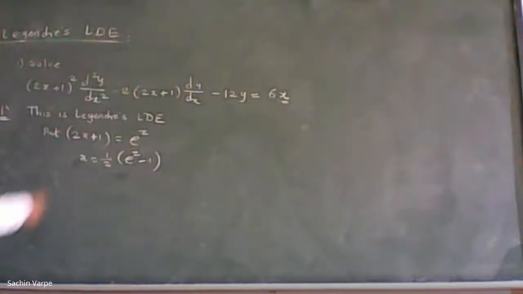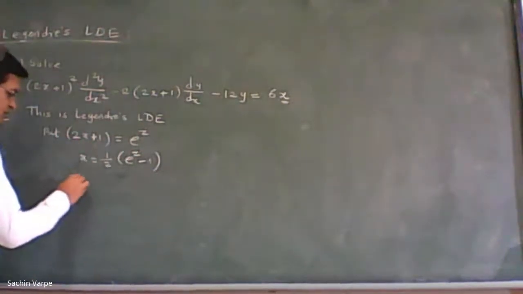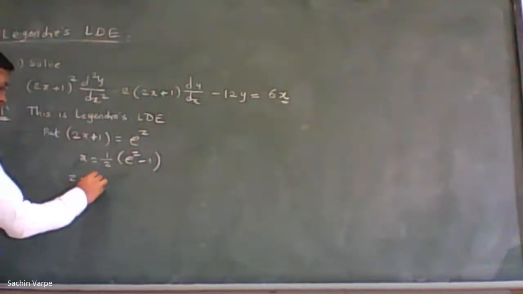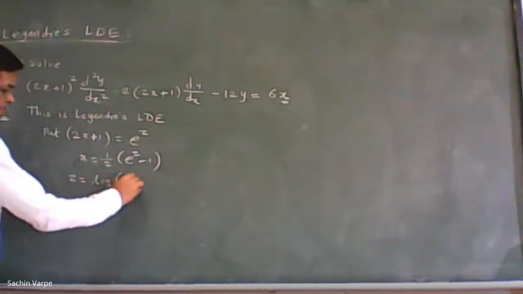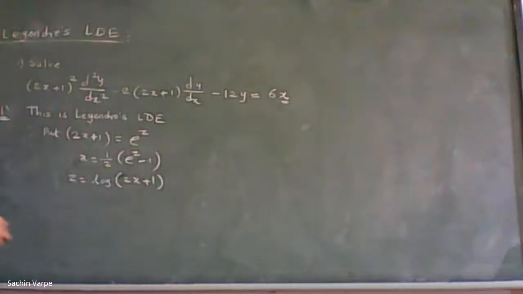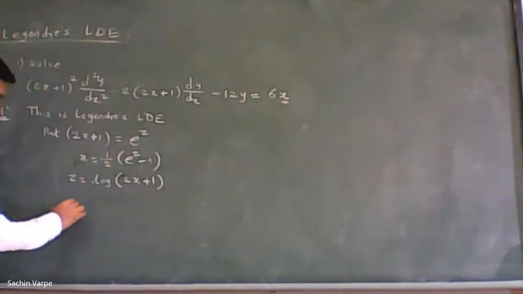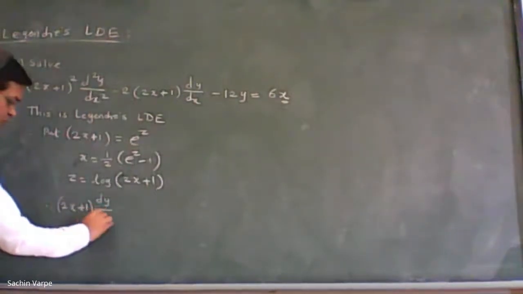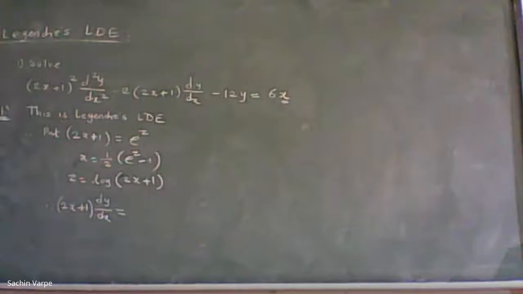Right? So with the help of this, what will be the value of z? When I apply logs on both sides, z will be equal to log of 2x plus 1. Right? So therefore, the substitution for the first order derivative term, 2x plus 1 dy by dx, what is the substitution?